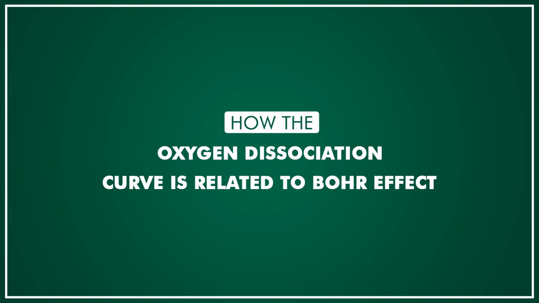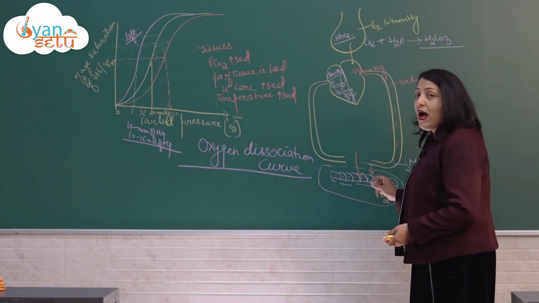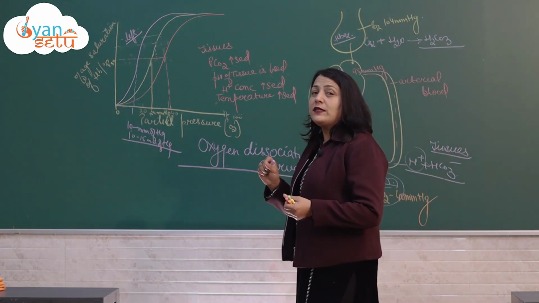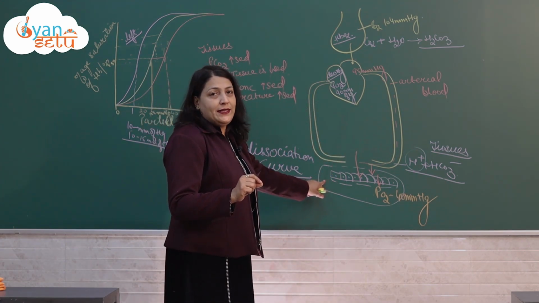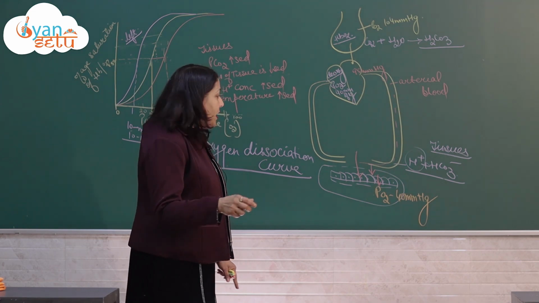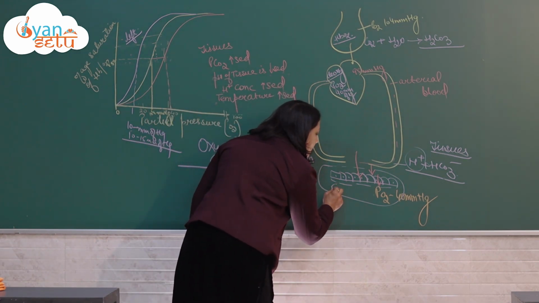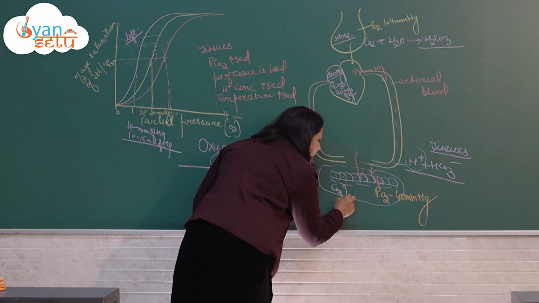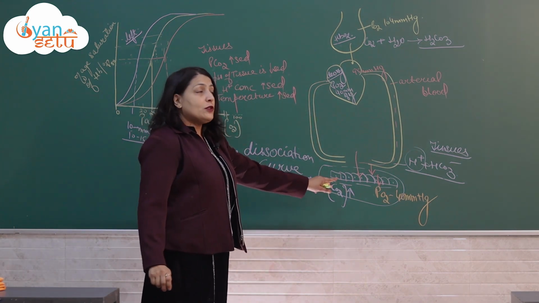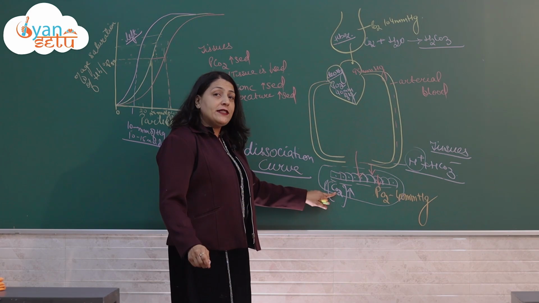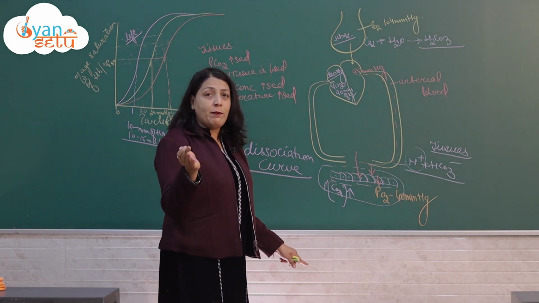How this happened? How the oxygen dissociation curve is related to this Bohr effect. In the tissues, carbon dioxide partial pressure is more. So that means carbon dioxide is also having a good affinity for the hemoglobin.